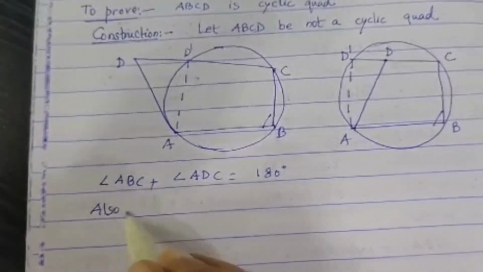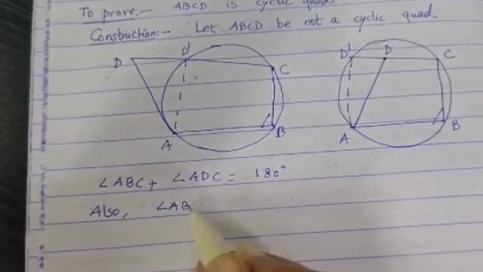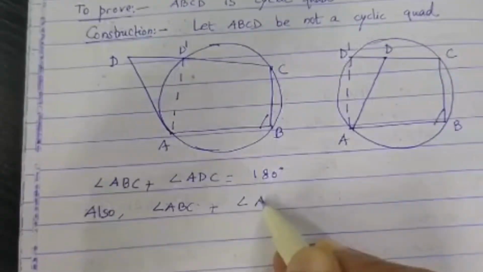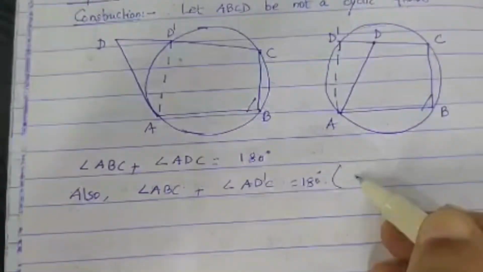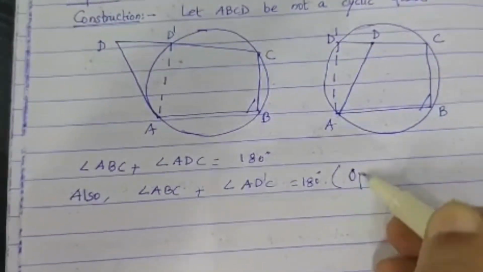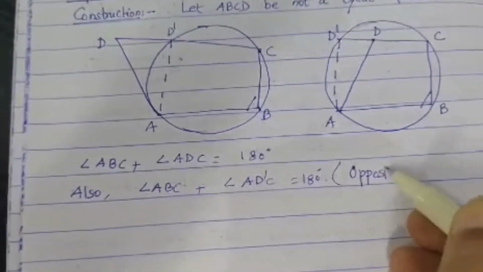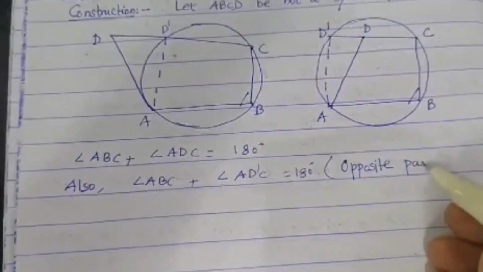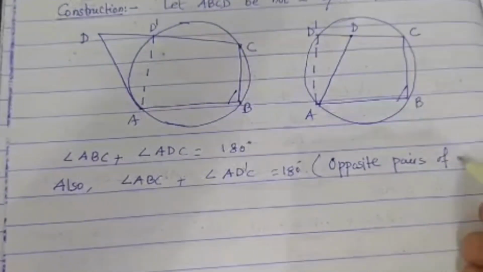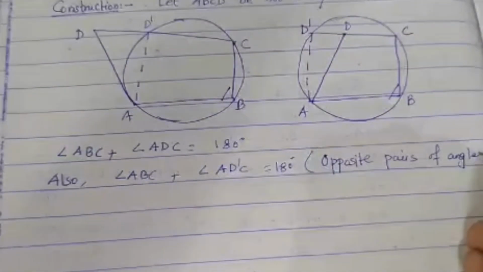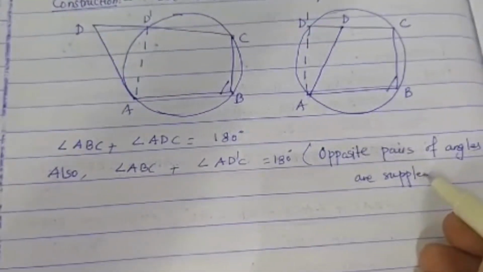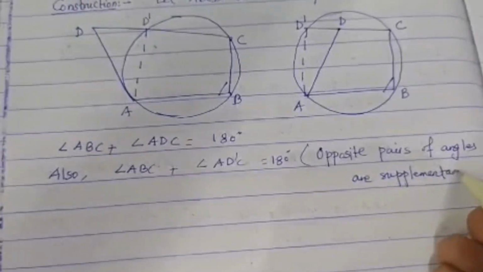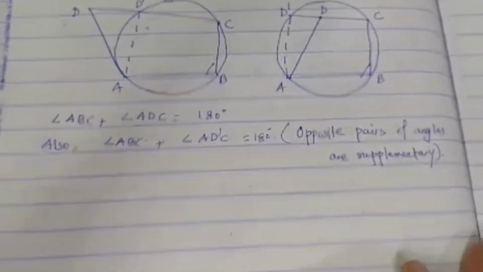Also angle ABC plus angle AD dash C equal to 180 degrees. This is the property of a cyclic quadrilateral: opposite pairs of angles are supplementary. This is the property we have just gone through.